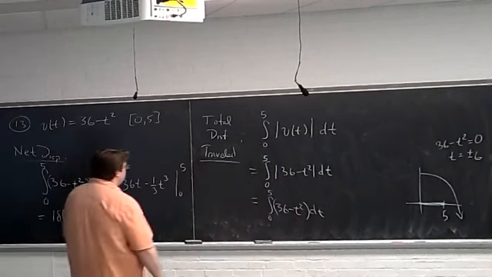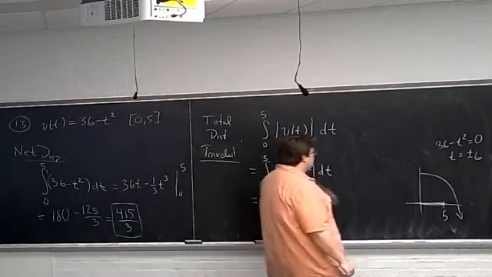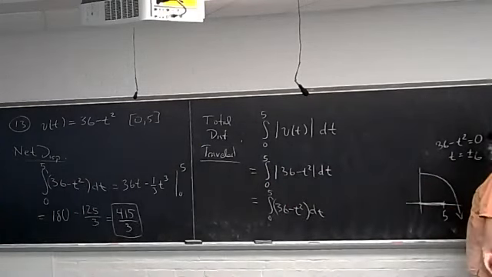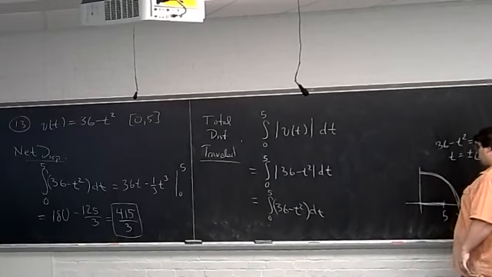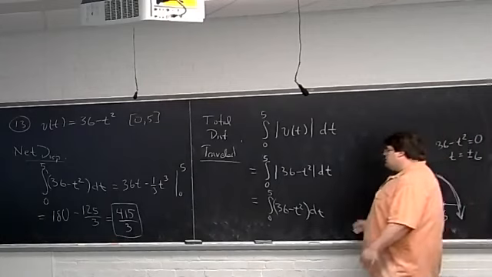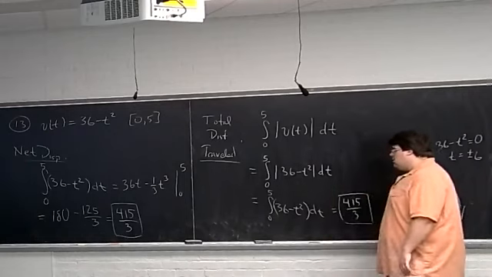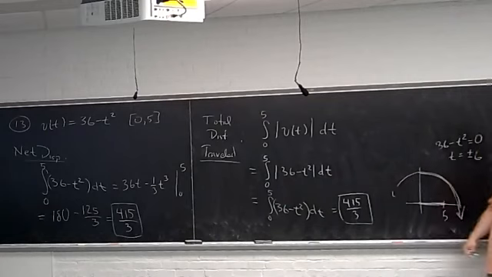So on this interval, 36 minus t squared is positive. The absolute value simplifies to itself. You can see that with this sketch, which actually was a sketch of this curve. And this integral is the same as that one. So we get 415 over 3. So you can see for one of these, when the entire velocity function is positive, these quantities do equal the same thing.